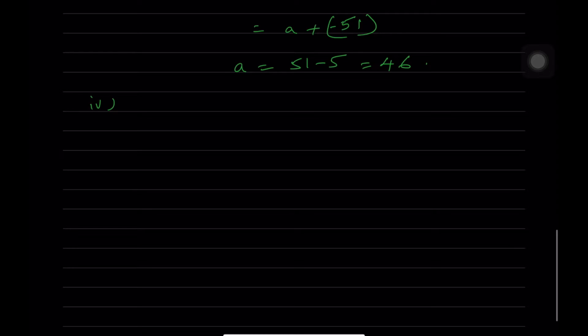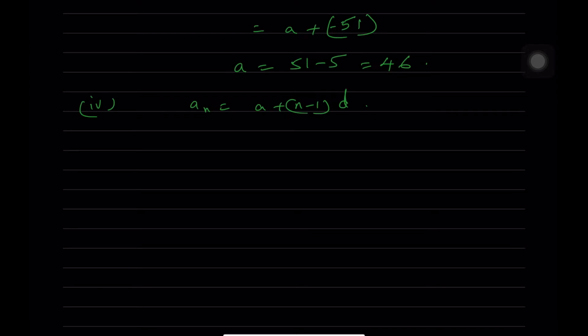Then the fourth one, AN is equal to A plus N minus 1 into D. Here actually in the textbook it is given fourth and fifth reverse. So I have written here the last one, the fourth one as the fifth and the fifth one as the fourth. So now for the fourth one we'll take the fifth values.